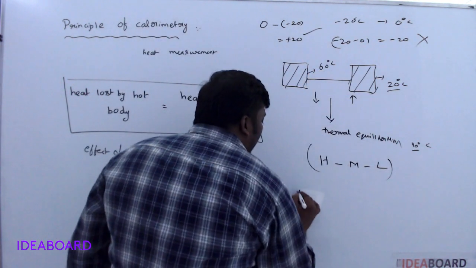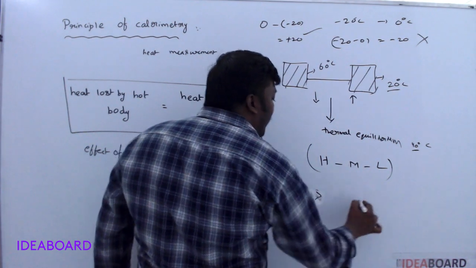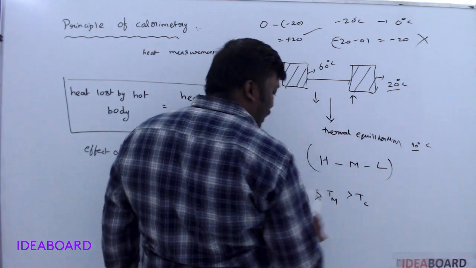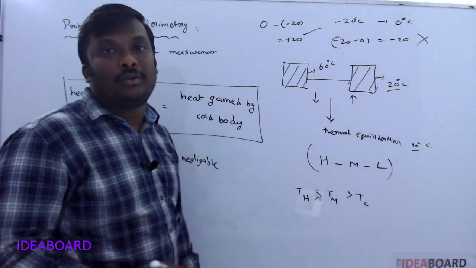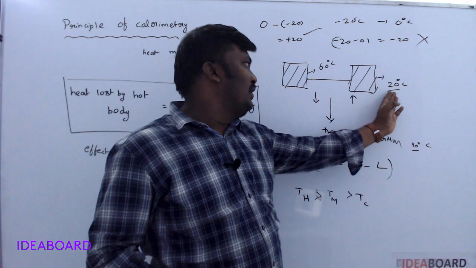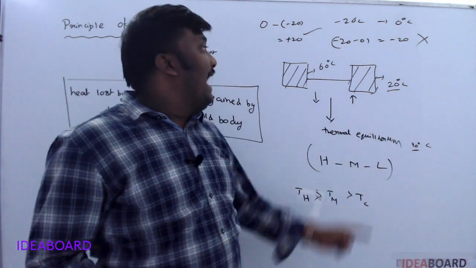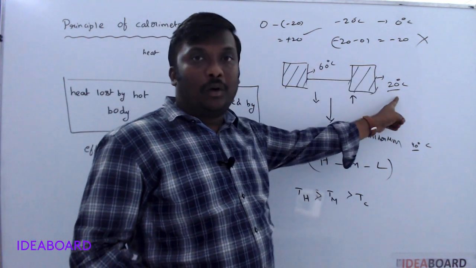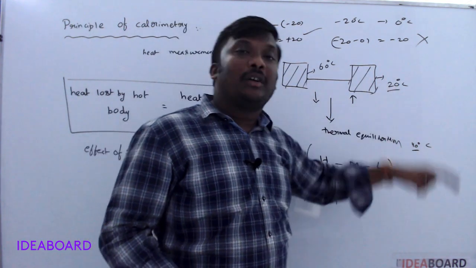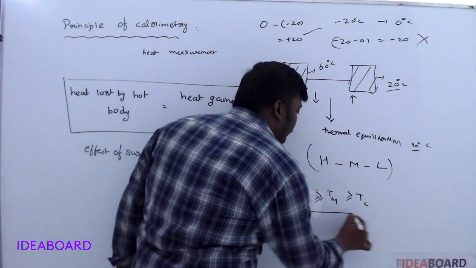Okay, finally, the temperature of the hot body is always more when compared with the temperature of the cold body, and the temperature of the mixture always lies between those two. So in the question, one body has 20 degrees Celsius and another body has 60 degrees Celsius. Your answer must lie in between 60 and 20 only. So in the options, if they give more than 60, remove it. Less than 20, remove it. If they give 60, it may be equal.